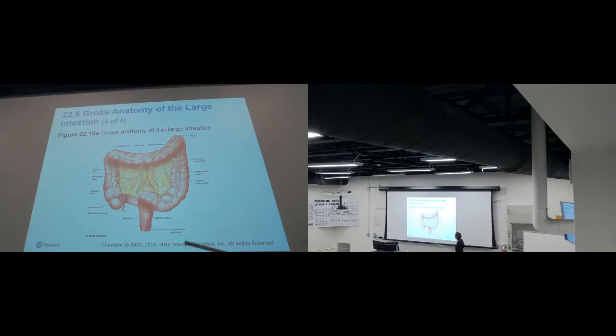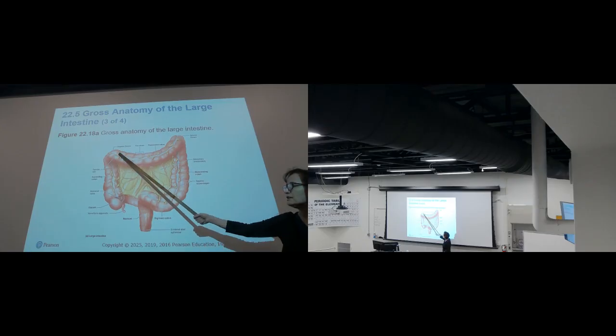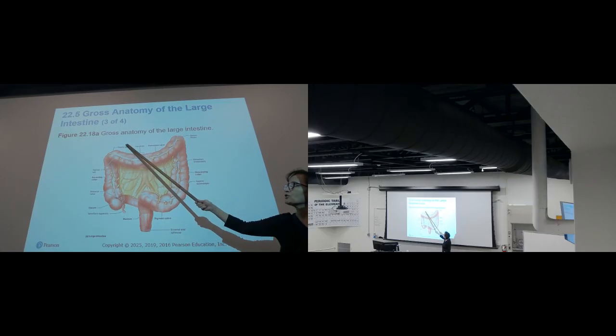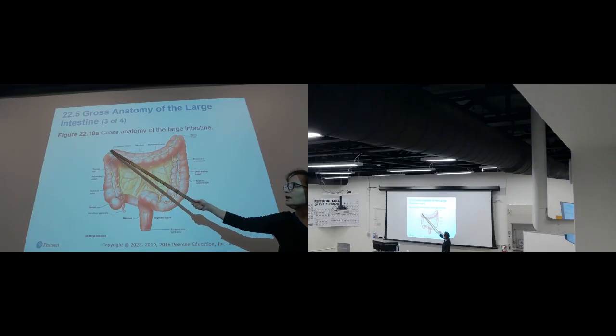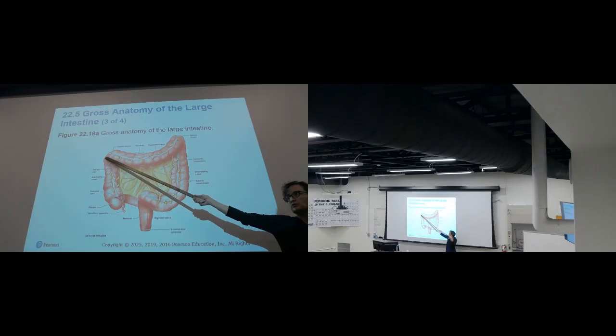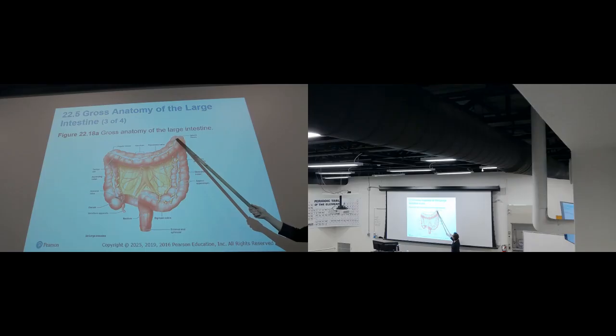Now for the large intestine, we have the cecum, which is the first part, and then we have the vermiform appendix. The ascending colon is on the right side, goes from cecum up to the hepatic flexure, and then this turns from right to left almost horizontally, so this will be the transverse colon.